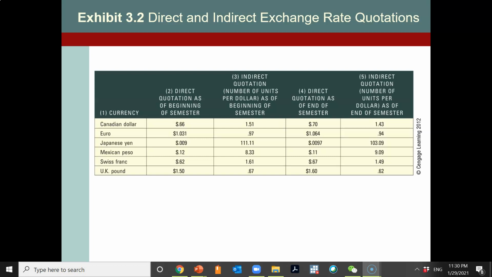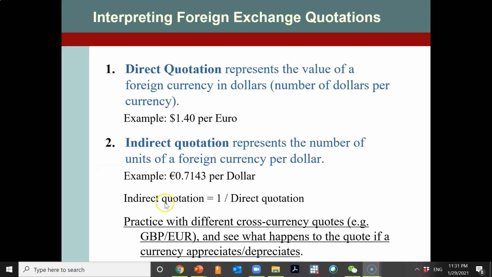We can also know this from the formula on the last slide, right? Because indirect quotation is 1 divided by direct quotation. So whenever the denominator, direct quotation, increases, indirect quotation will decrease. They two should move in the opposite direction.